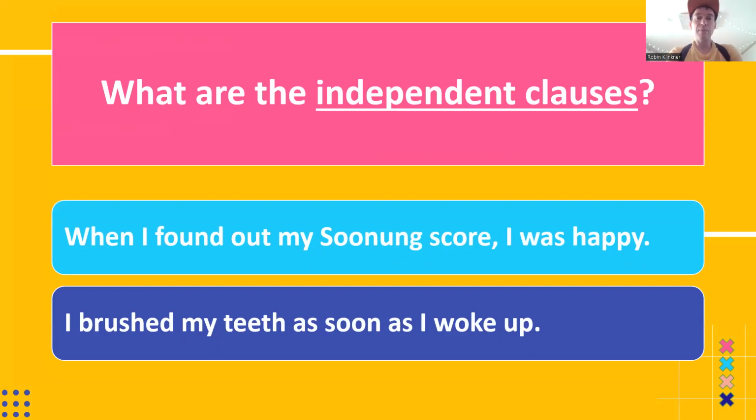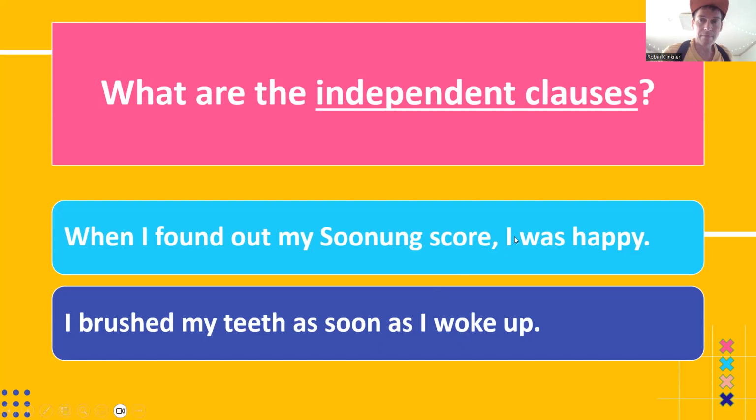Which one is an independent clause? Which one is a complete thought? If I told you, hey, when I found out my Suning score, you would say, Robin, complete your sentence, complete your thought. But if I told you I was happy, that's a complete thought.